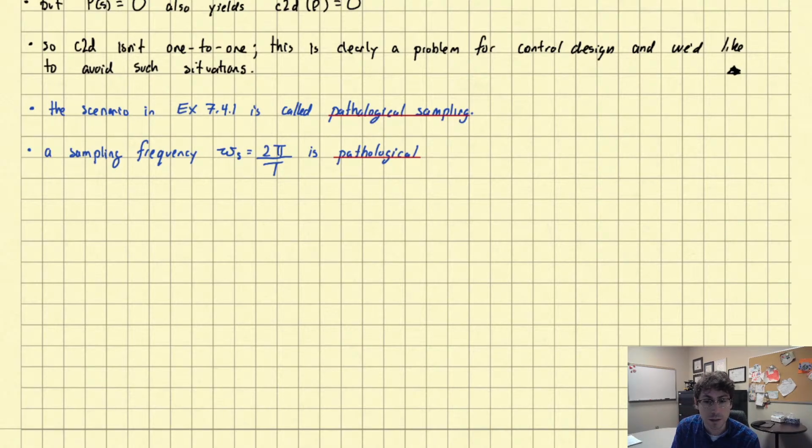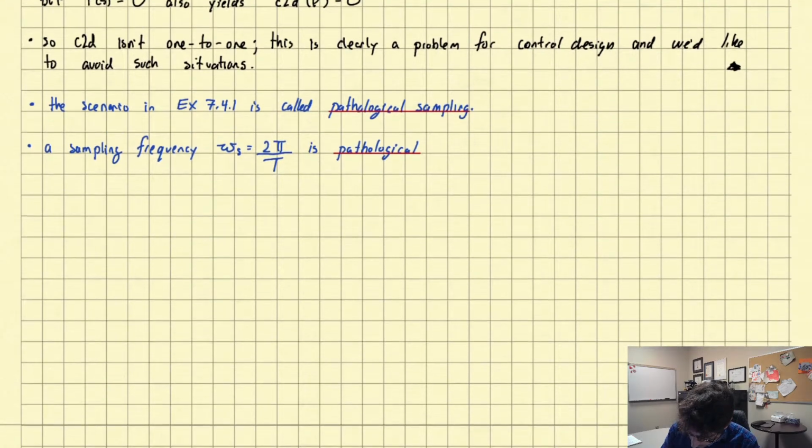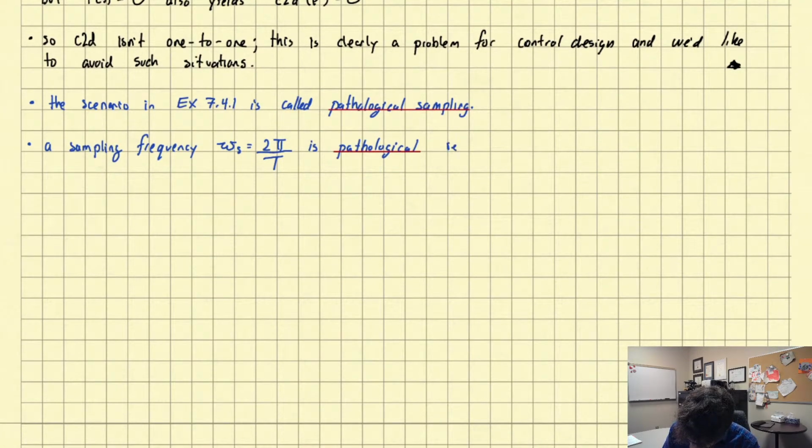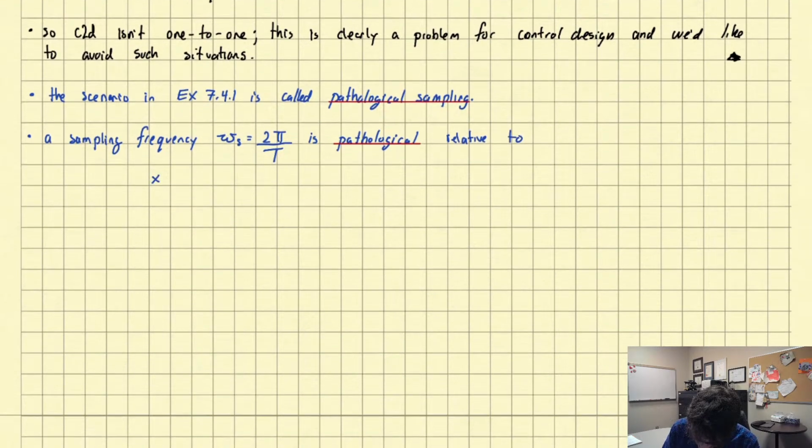Whether or not a sampling period is pathological depends on the plant, the continuous time plant. So it's pathological relative to a continuous time model, state space model, or you can talk about its transfer function. Either way, pathological relative to a continuous time system.